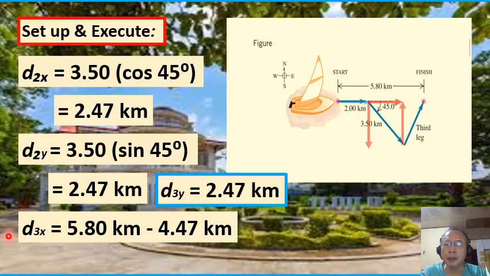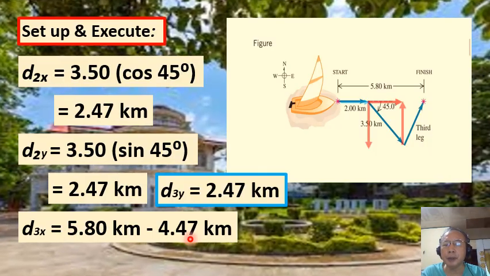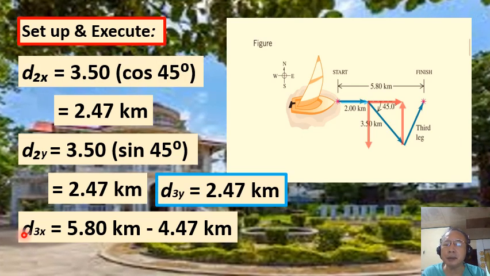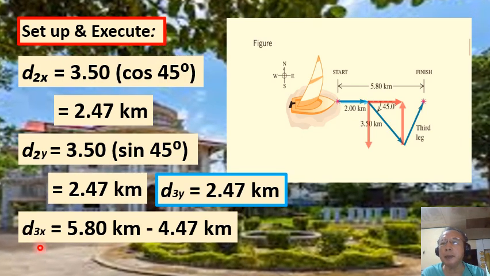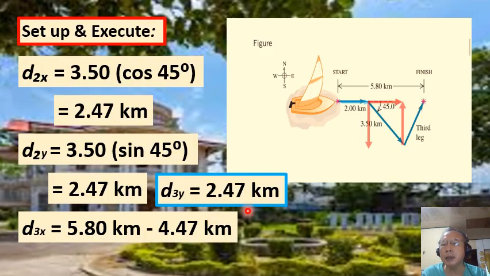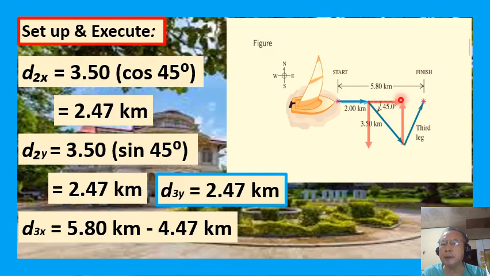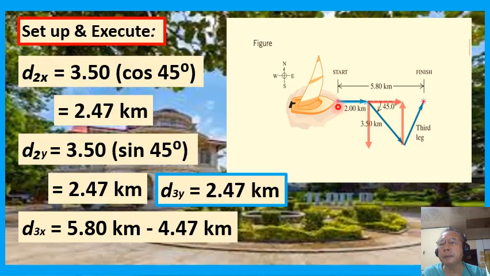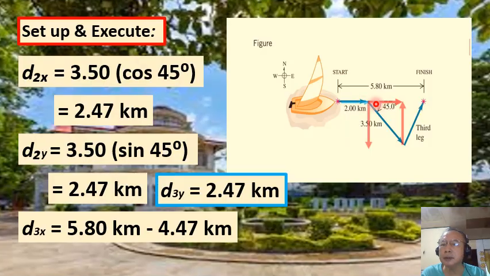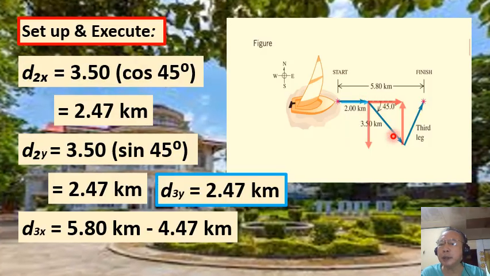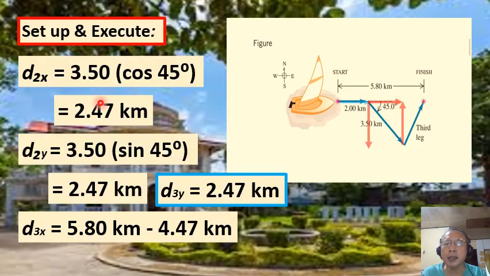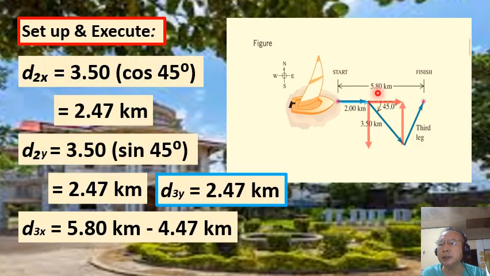And the x component of the unknown displacement d sub 3, which we label here as d sub 3x, can be determined from the fact that the first displacement d1 is given, and the x component of d2 has already been computed as 2.47 kilometers.